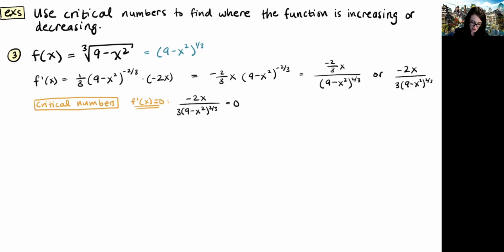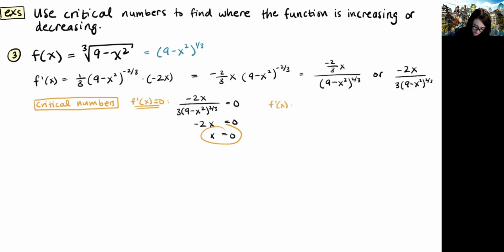So if you multiply both sides by the denominator, that's going to cancel it here, and then over here we'll just get 0. And when we divide by negative 2, that gives us a critical number of x equals 0. All right, that is one half of our critical numbers, or at least one half of where they can come from.